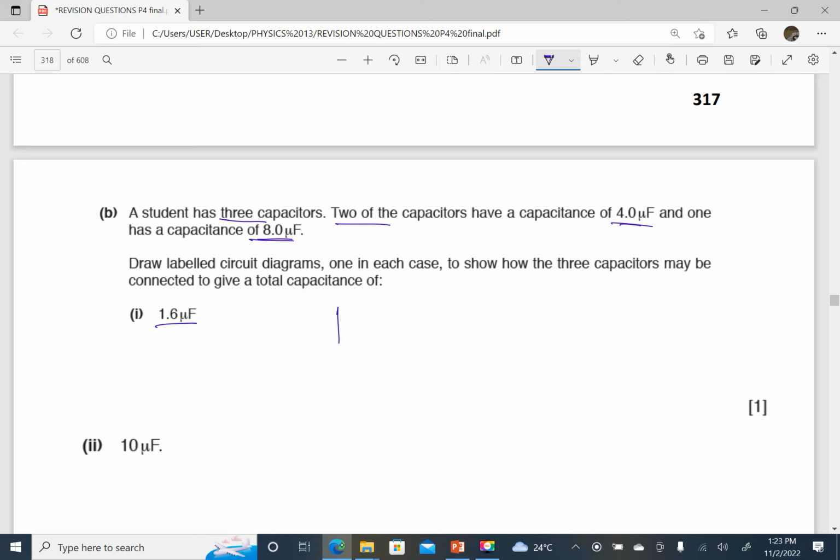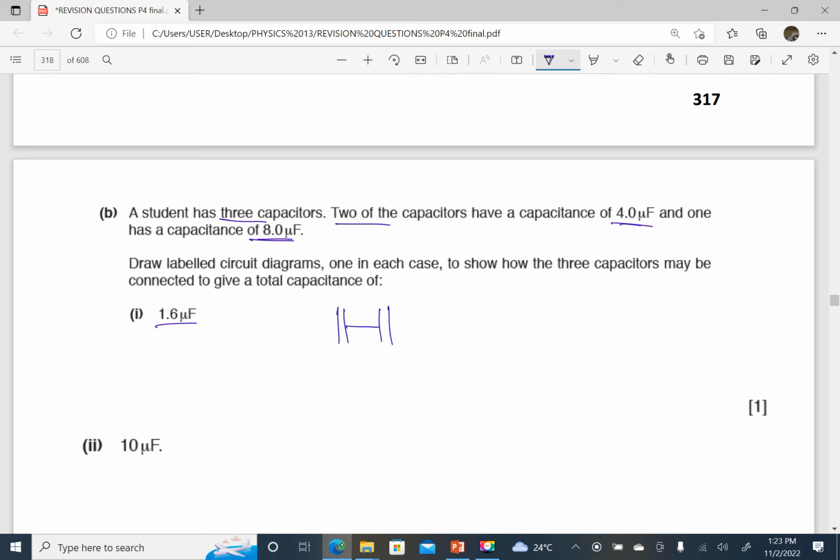Let's check. So we have 1, 2, 3. Let's say this is 8 microfarads. This is 4 microfarads and another 4 microfarads. I'll add the connecting leads. So we check. In series, 1 over total is 1 over 8 plus 1 over 4 plus 1 over 4.